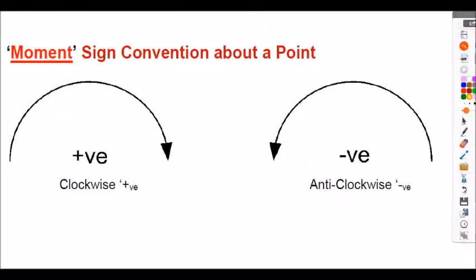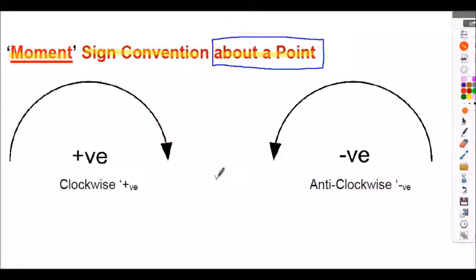However, what we need to define now is a moment sign convention, and moments are always taken about a point, and that's very important. Whenever you specify a moment of a force, it has to be taken about a specific point. And as an engineer, we must always state what point we are taking moments about.